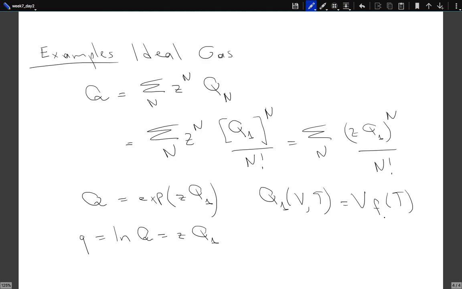It's a different F. So the Q is just now z times V times F. And keep in mind that this F is a function of temperature only.